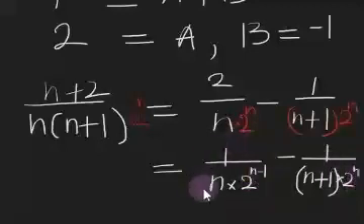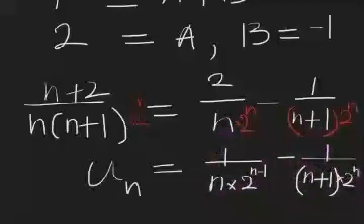So if this one is the nth term, then this is your n plus 1 term. So notice that. Let's denote this as u sub n.